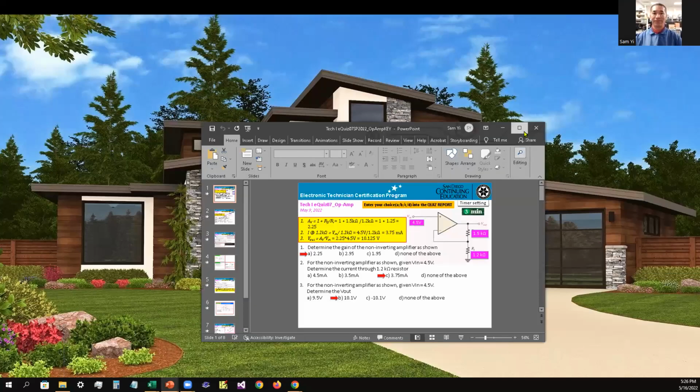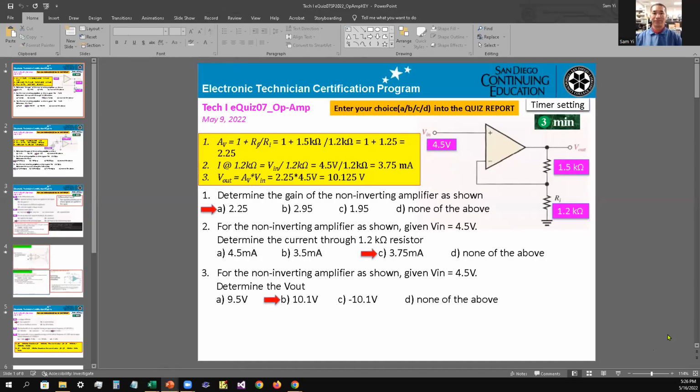Okay, no question. So you can go ahead and review the last quiz. We're going to go over quiz number 7. Number 1, determine the gain of the non-inverting amplifier as shown. This is non-inverting because the signal is applied to the positive side of the op amp.